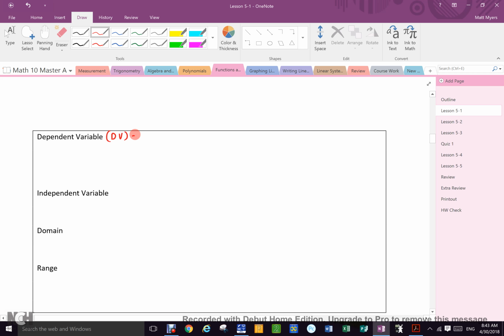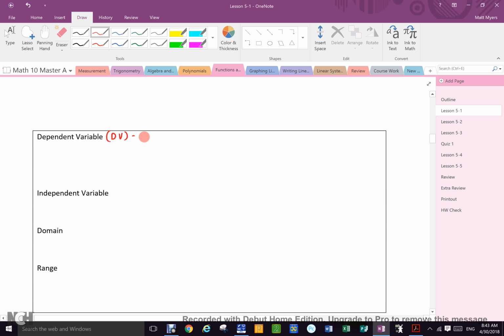No. Something else has to change before we change our dependent variable. Everybody cool with that? Okay. So our dependent variable, and this is one of those times I have to do that horrible thing where you use the word in the definition. And I hate to do it, but you really have to.